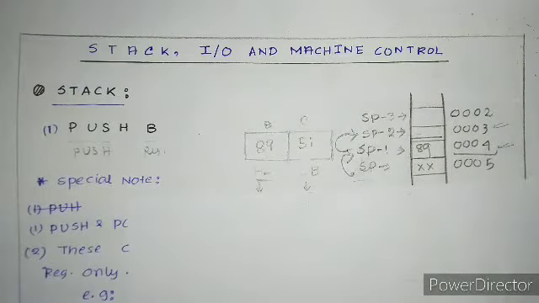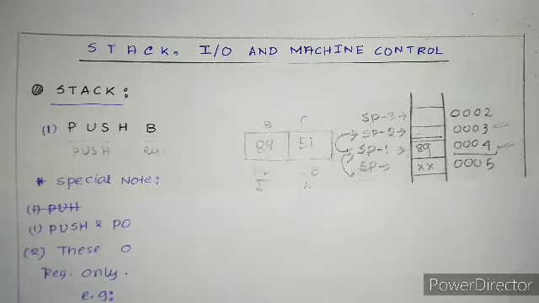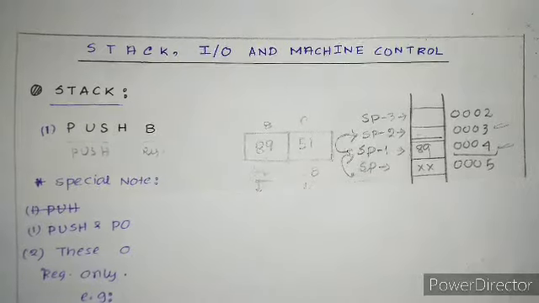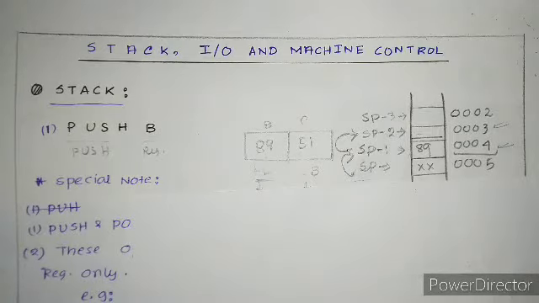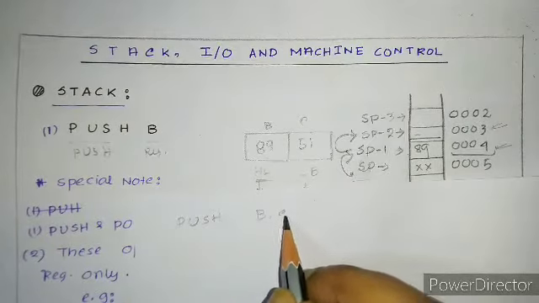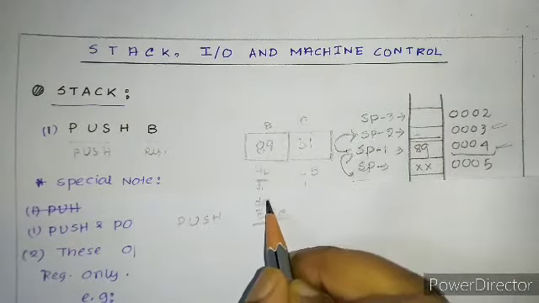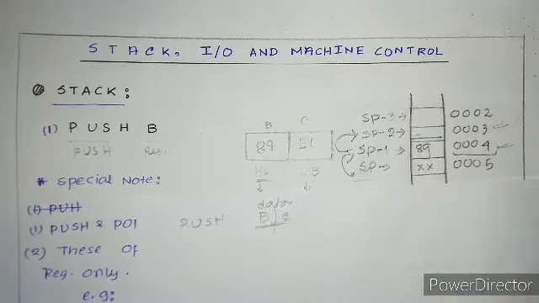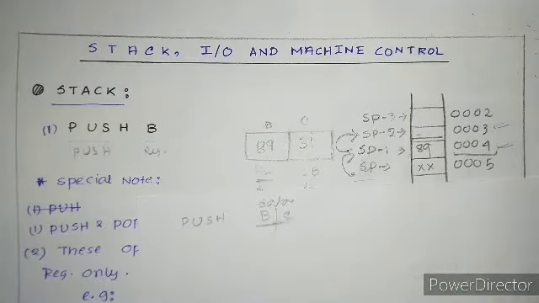First, push and pop operate on register addressing mode only, and push and pop operate on 16-bit data only. So when we write this instruction, PUSH B, it means the data of BC, the 16-bit data.